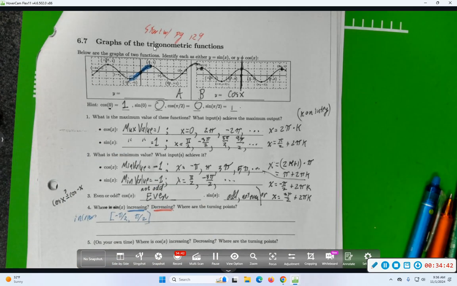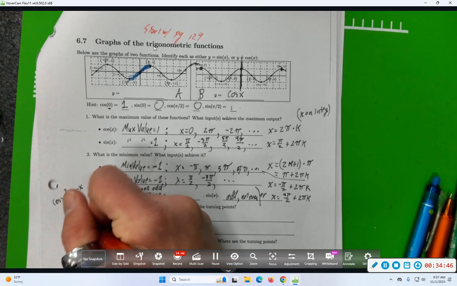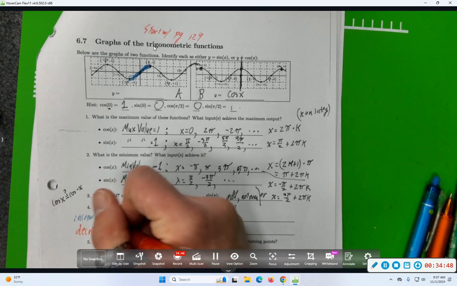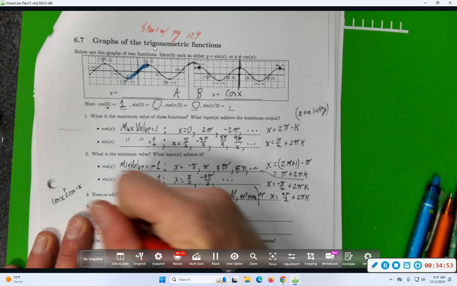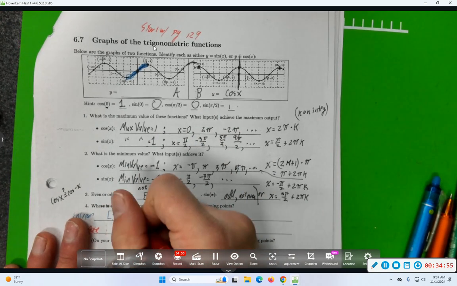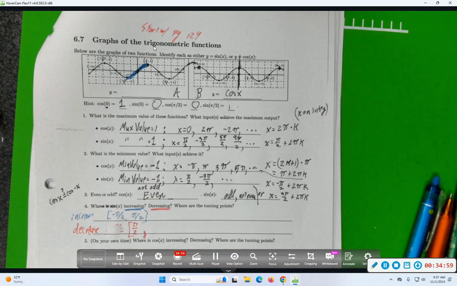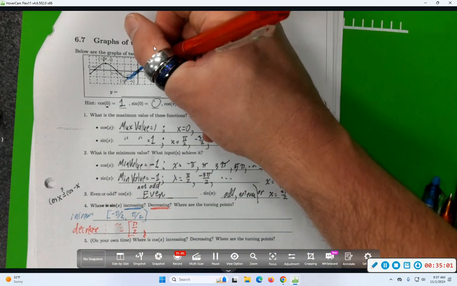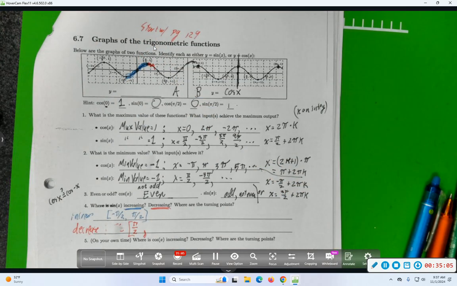I guess at pi over 2, then it starts decreasing. Let's shift that over a little bit. Make that line. So I start at pi over 2, it starts decreasing. How long does it keep decreasing? 3 pi over 2, it turns around again?